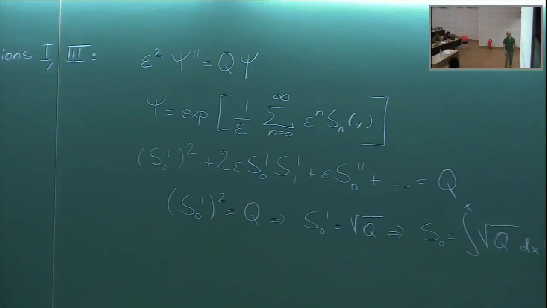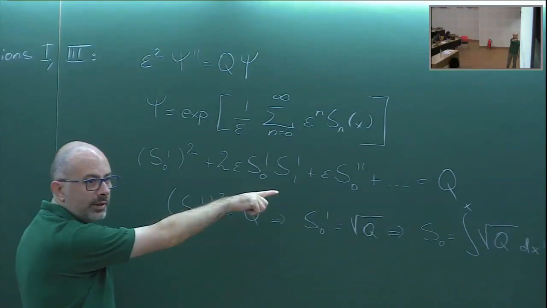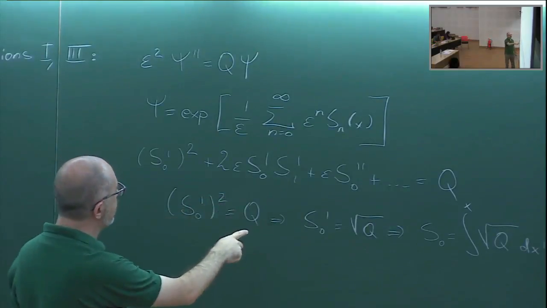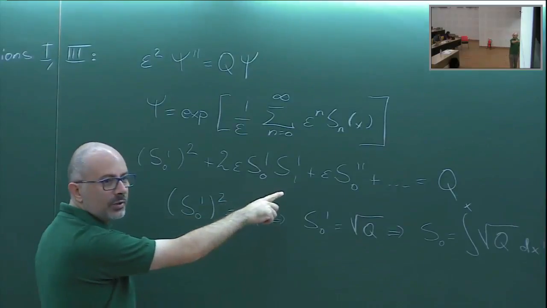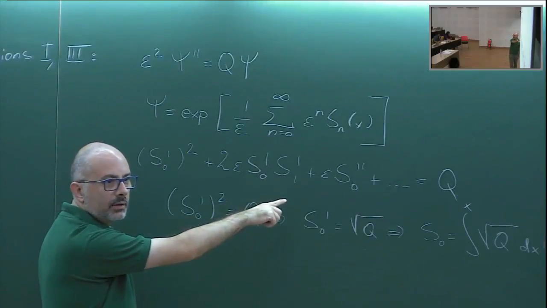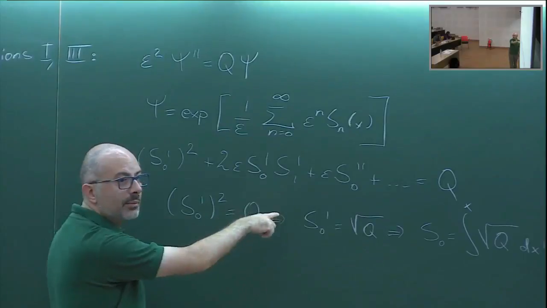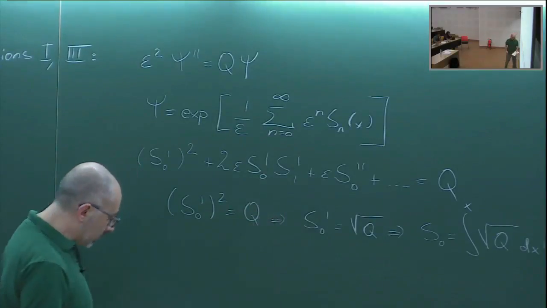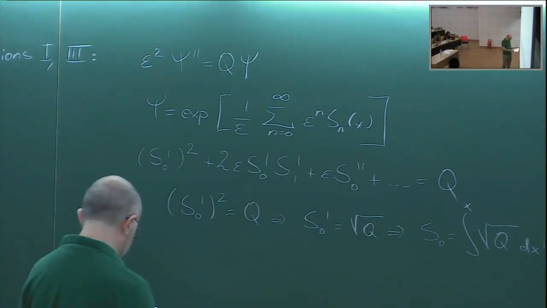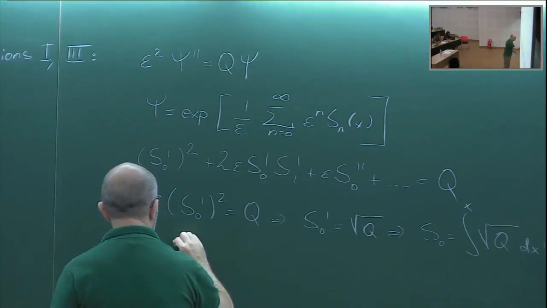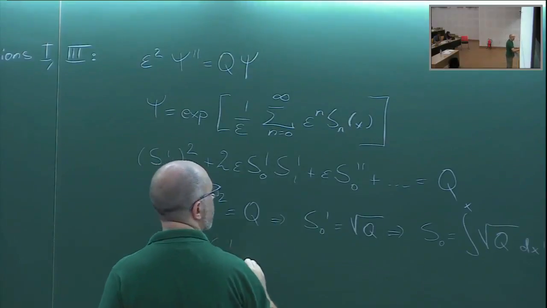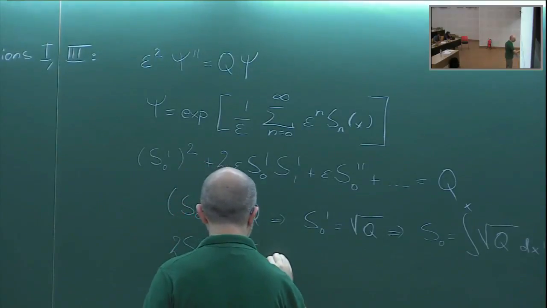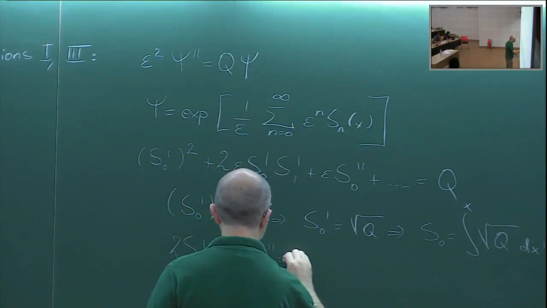Then you can go to the next leading order in epsilon, and now you see that you know S naught, and you can use the equation that you read out from here at order epsilon to determine S1. So that equation is also simple to solve. You get 2 S naught prime S1 prime plus S naught double prime equals 0.